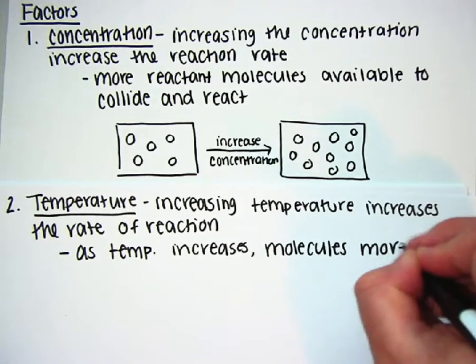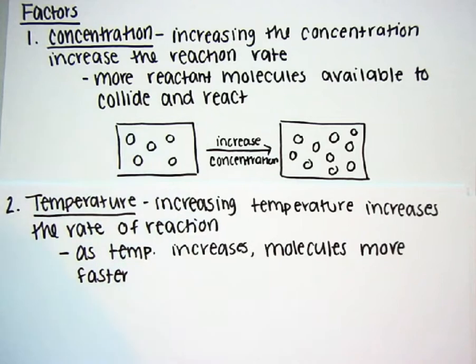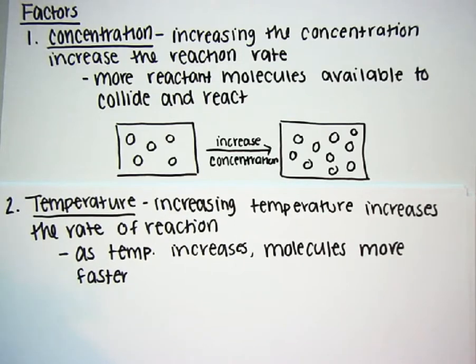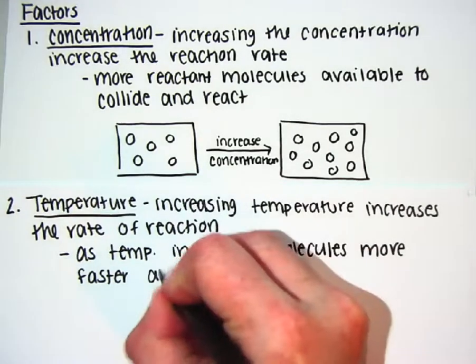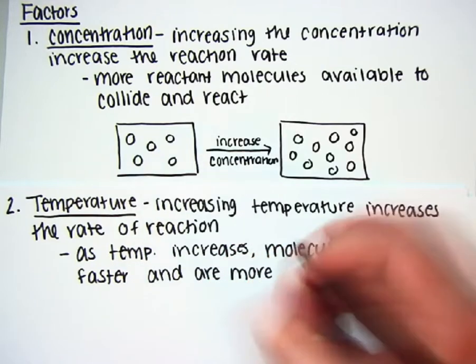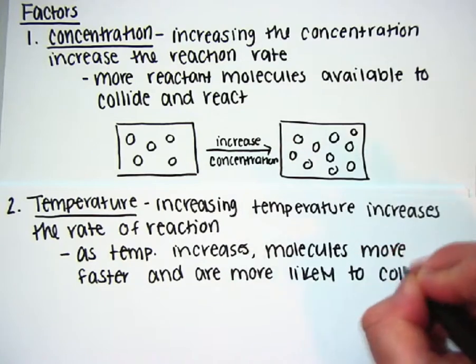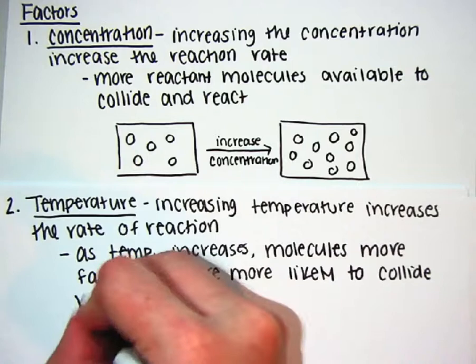Well, why will that increase the rate of reaction? Remember, it all comes down to the collisions. We need to have more collisions, and we need to have them happen with enough energy in order for that reaction rate to increase. So as temperature increases, molecules move faster and are more likely to collide with enough energy to react.